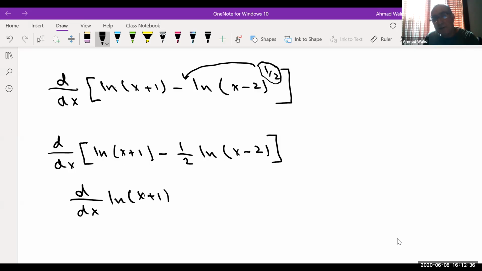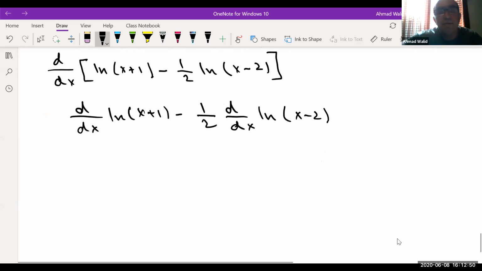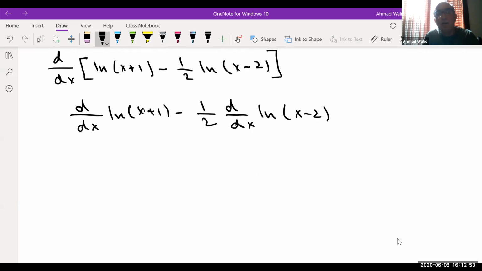D dx of the first term, minus 1/2 d over dx of ln x minus 2. Apply the rule. D dx of ln x plus 1 is 1 over x plus 1 times the derivative, or times du dx. Du dx of x plus 1 is 1. Let me write even that step for you.